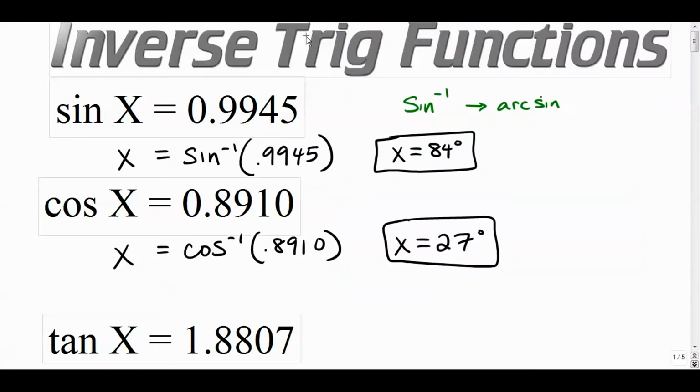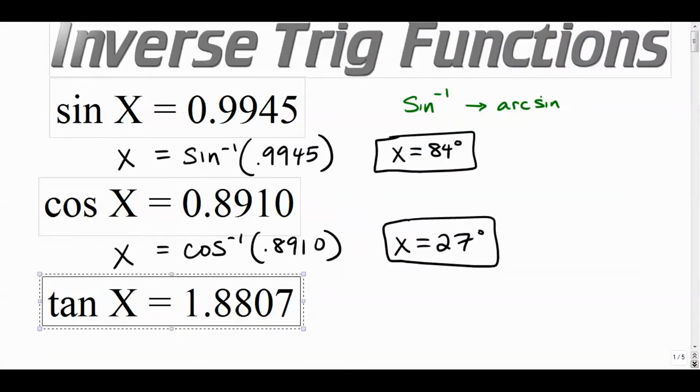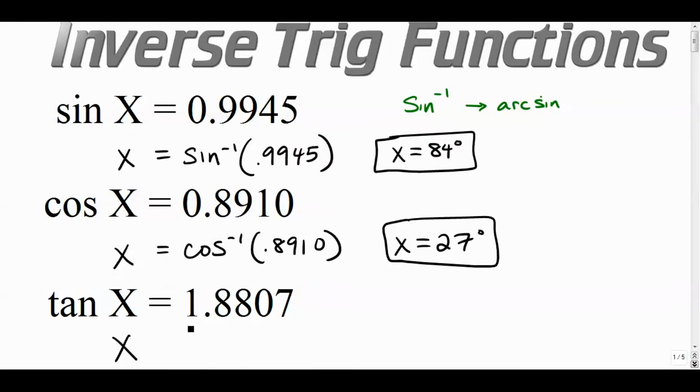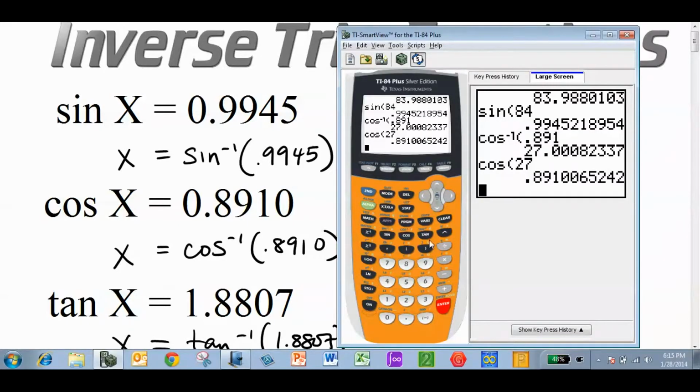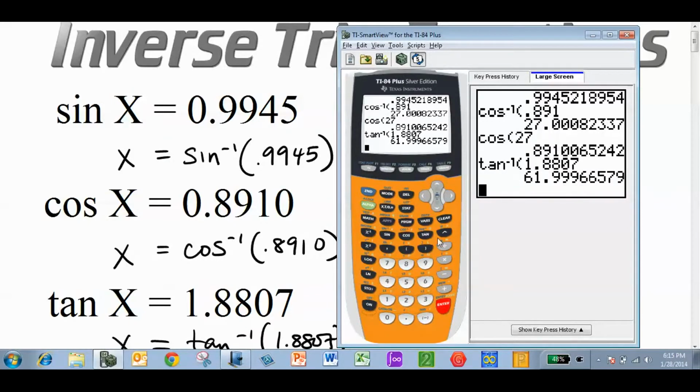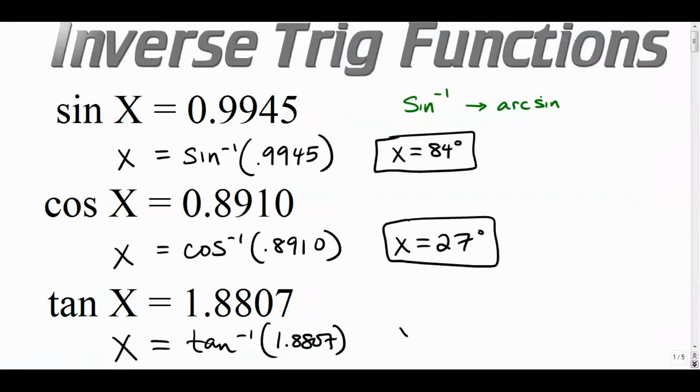Last one. Tangent of what angle gives us 1.8807? We'll take the tangent over here, make it the arctangent, and plug that into our calculators. Second tangent, 1.8807. And we get about 62 degrees.